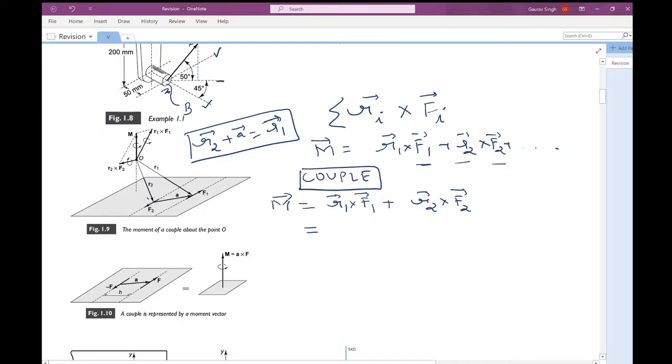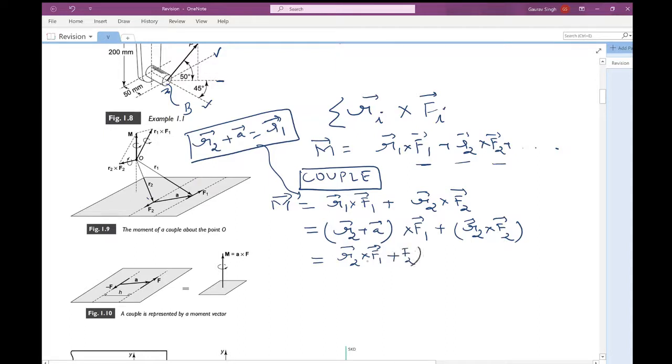Okay, so you want to now substitute this over here, and then you can write it as R2 plus A into F1 plus R2 into F2. Okay, that would give you R2 into F1 plus F2 plus A into F1.